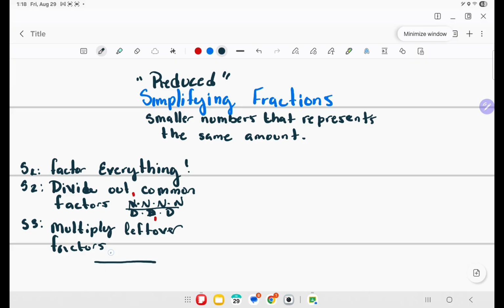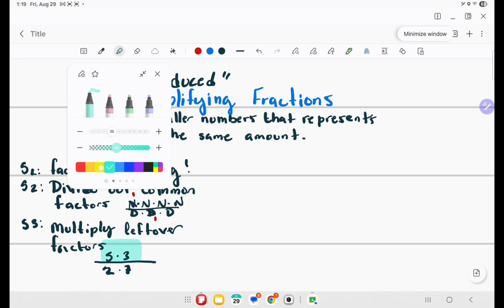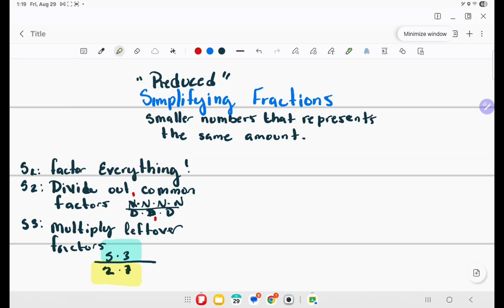If you got a 5 and a 3 left on top and a 2 and a 7 left at the bottom, don't multiply everything. The 2 numerators will give you an answer, and the 2 denominators will give you an answer. So the answer will be 15 over what? 14. All right, only 3 steps to do, and we'll be in the game. And we can move on to the next step.